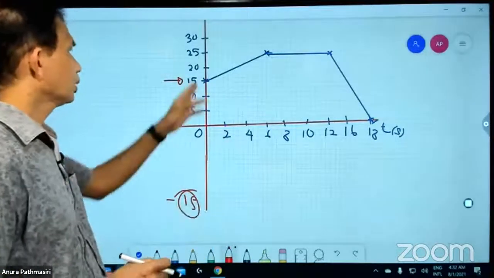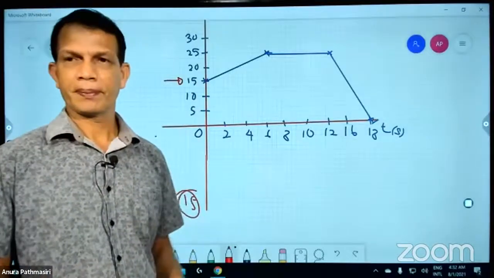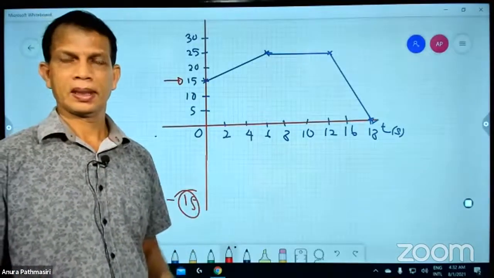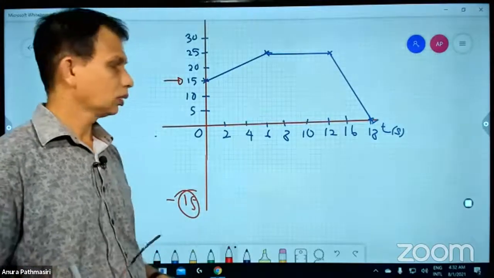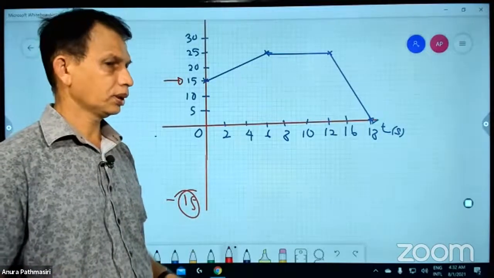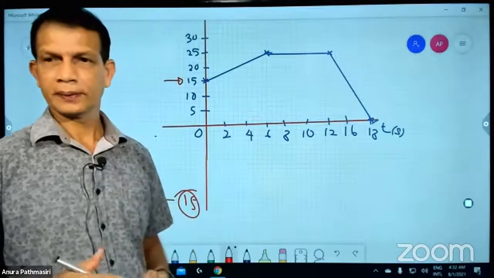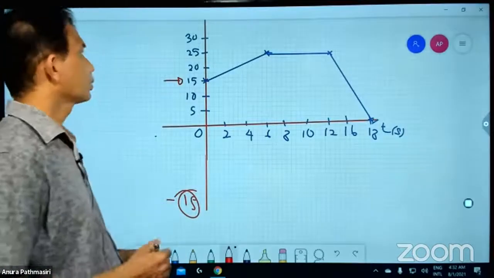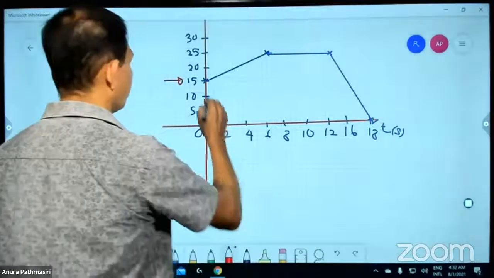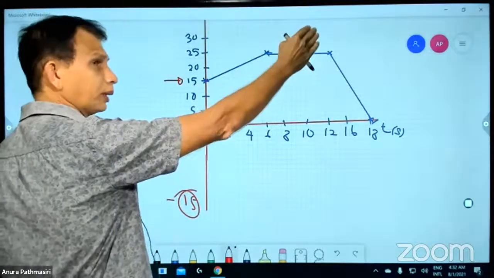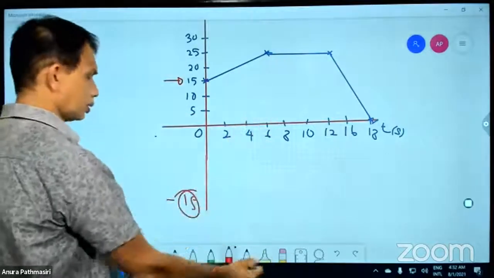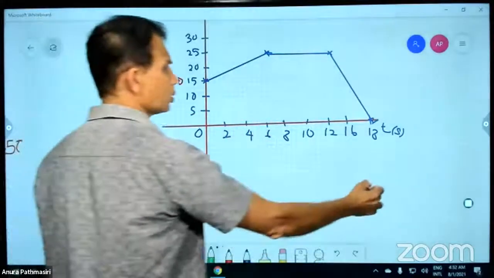Yeah. What is the initial velocity? 15 meters in the particular direction. What about the others? Same answer, sir. Yeah. 15 meters in the particular direction, because this direction is opposite.